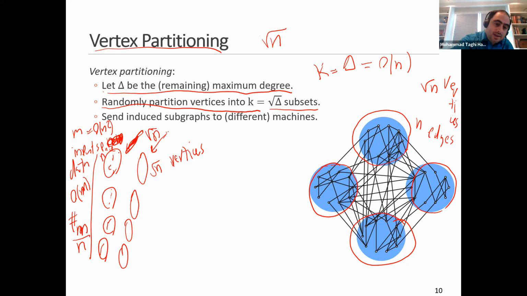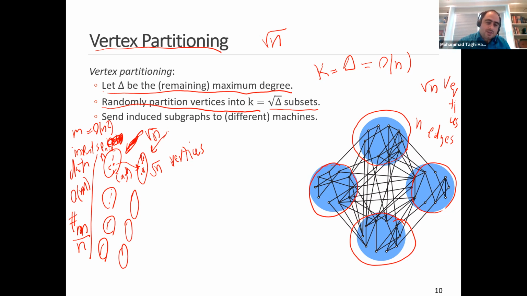Now, if you have an edge where both endpoints are in one computer, we will send that edge to that computer. So this is essentially an edge AB, where both A and B are here.